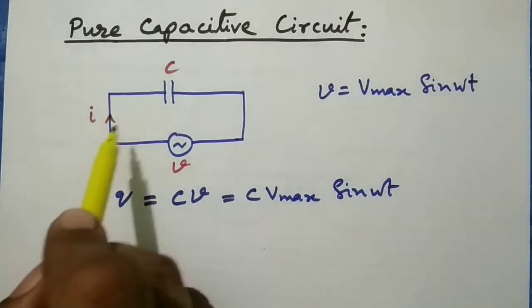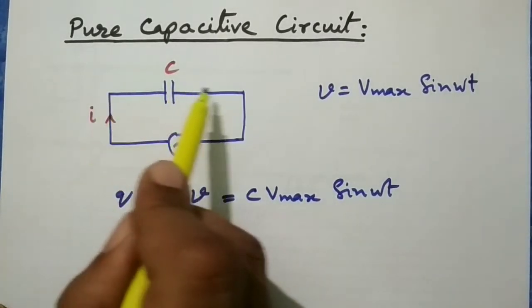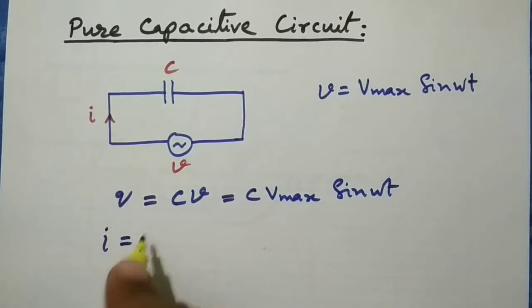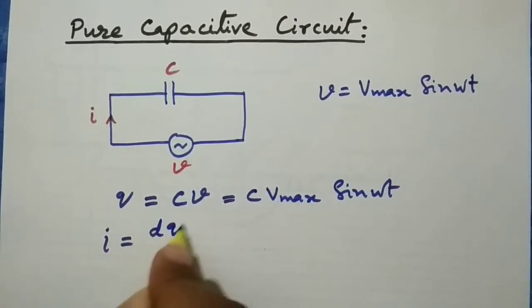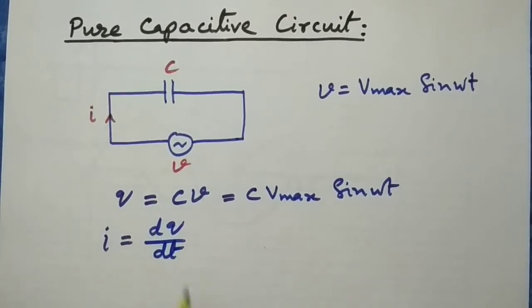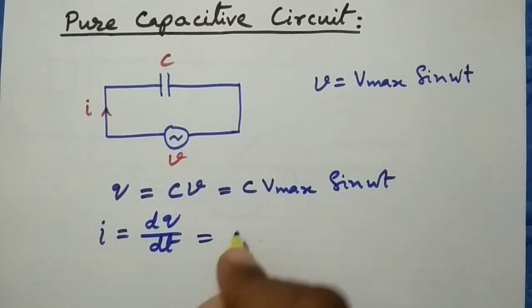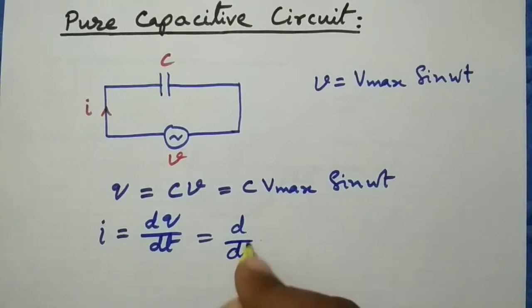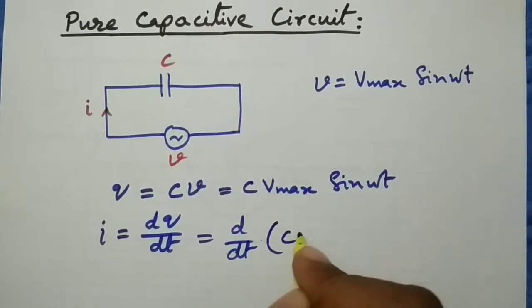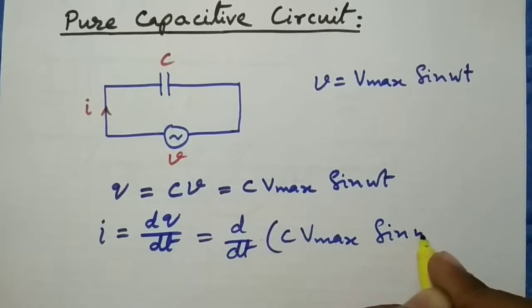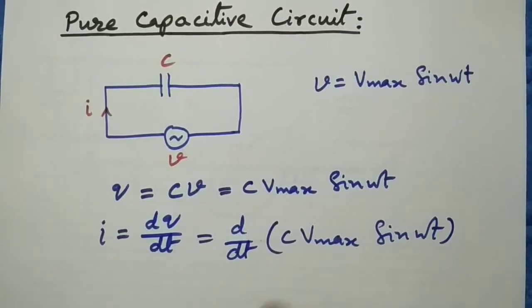Therefore, a current will flow through this capacitive circuit, and this current can be written as dq upon dt. As we know, current is the rate of change of charge. So here, d upon dt of C V max sin omega t. So we put the value of Q here.